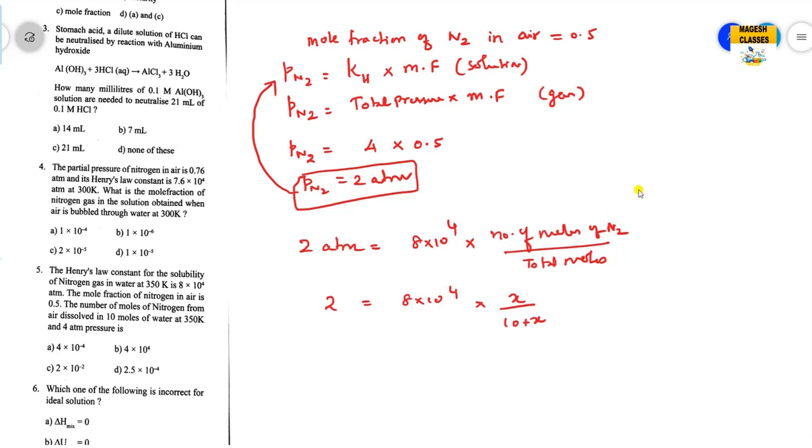By taking the number of moles of nitrogen as X, the equation will be 2 is equal to 8 into 10 to the power of 4 into X by 10 plus X. We are going to solve for the X value.